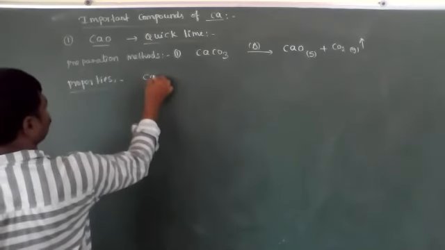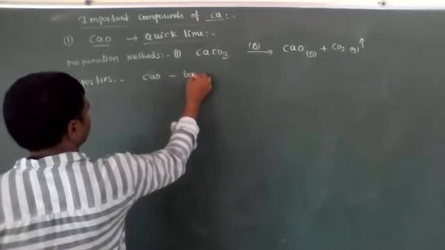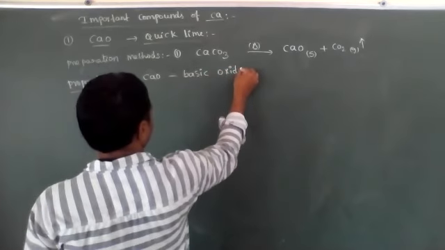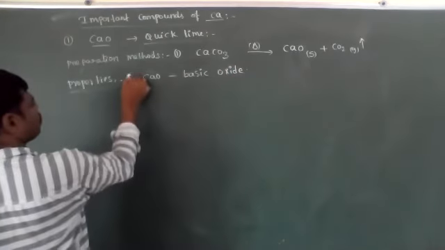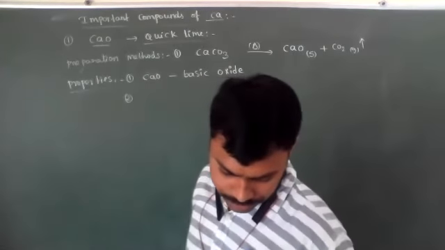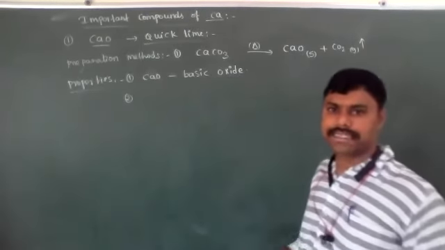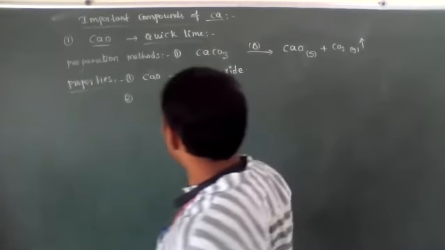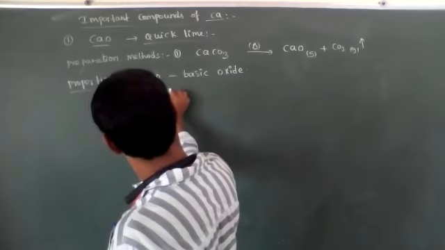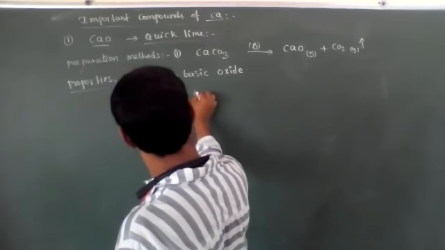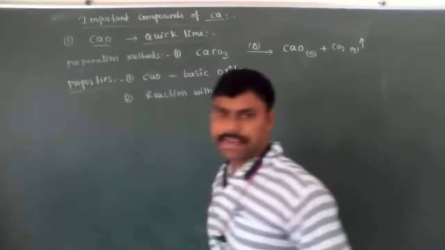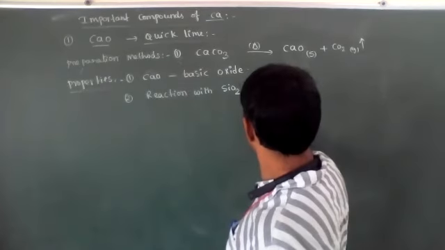Properties: this calcium oxide is a basic oxide. Okay, students, a basic oxide reacts with acidic oxides to form salts. Reaction with SiO2: SiO2 is an acidic oxide.